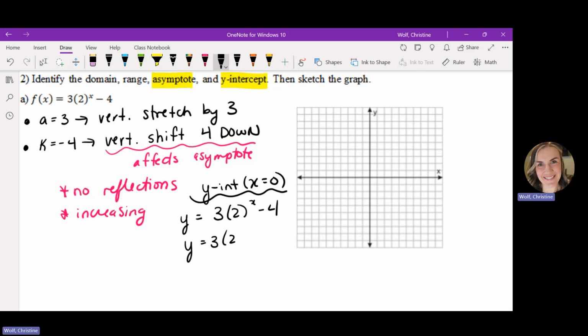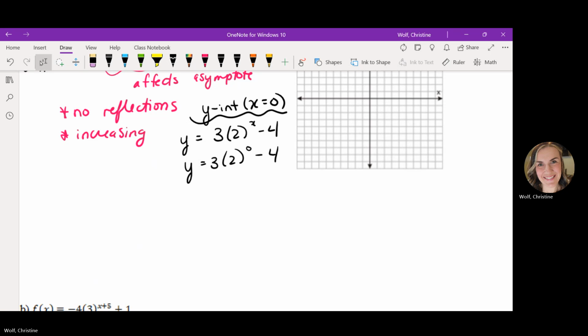So I have 3 times 2 to the power of 0 minus 4. Make sure you follow the rules of BEDMAS. You're going to do your exponents first. 2 to the power of 0 is 1. This is 3 times 1. And so I have 3 minus 4, which is -1. So the only point I have to draw is at 0, -1.